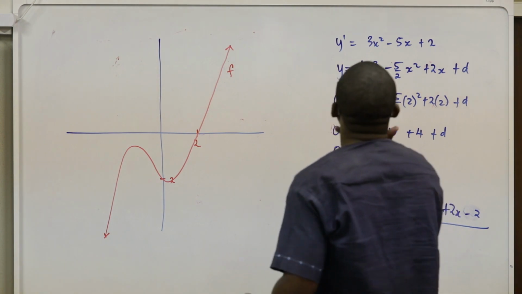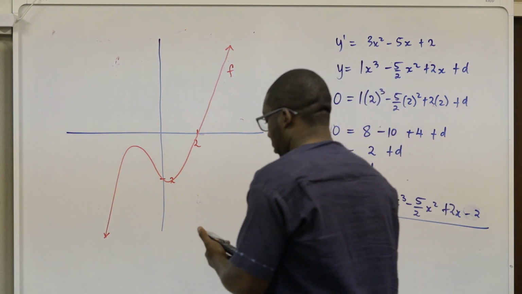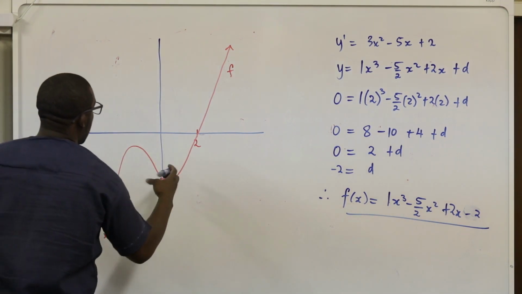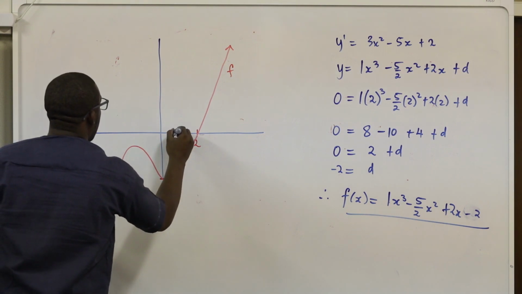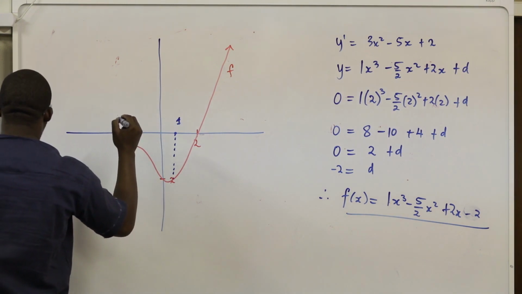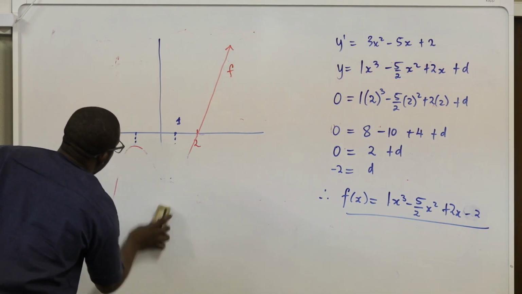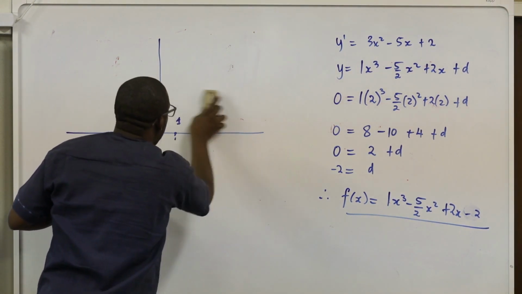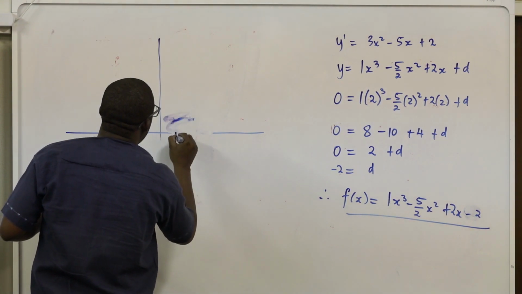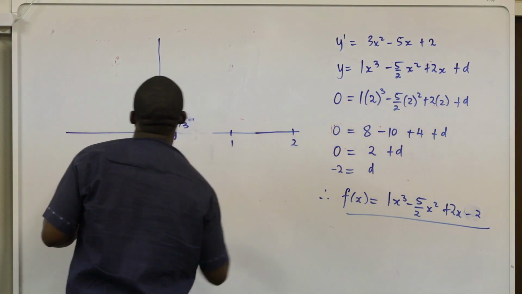Then the quadratic function, the parabola. Its first turning point was at 2/3, then the other one was at 1, then it was going to cut at 2.